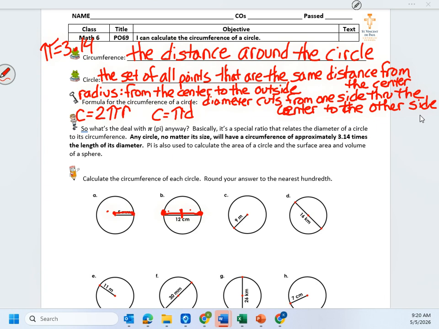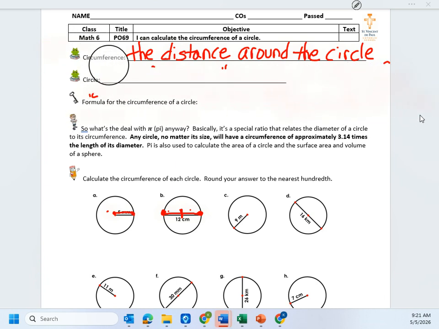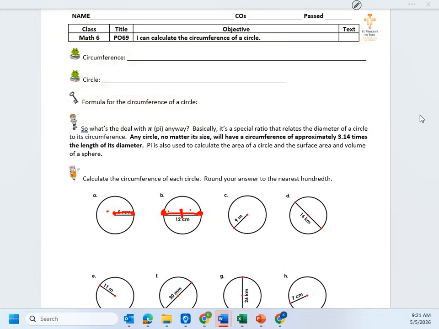So if you use the pi button on the calculator, it's going to be a slightly different answer than the 3.14. I always figure out the answer both ways, so I know which way you used if your answer is correct. There will be a slight difference, but I will accept either way. All right, so let's practice figuring out the circumference of the circle.